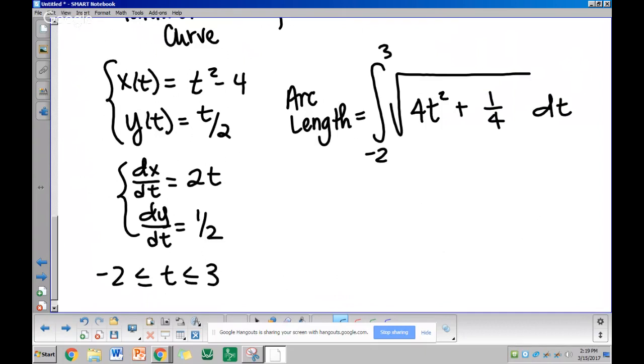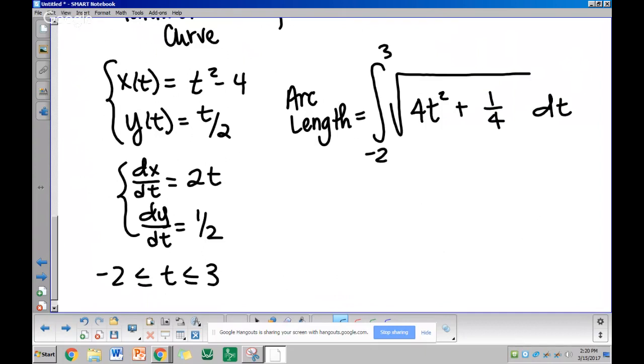Sadly, we can't integrate that unless we use trig substitution, which I'm not ready to go to today. So somebody has to do this on the calculator for me. You're not going to have to do it on the AP exam. That's just another methodology that's not in the BC curriculum. I wish it was, but nor do we have time for it.